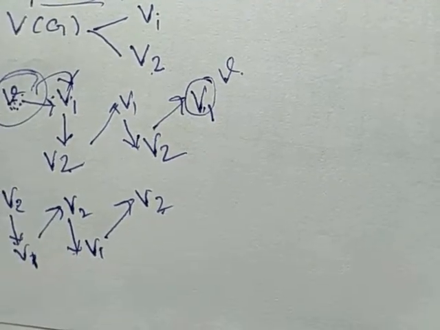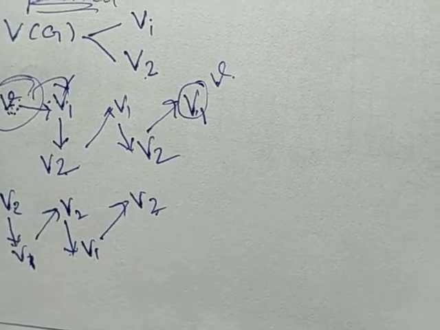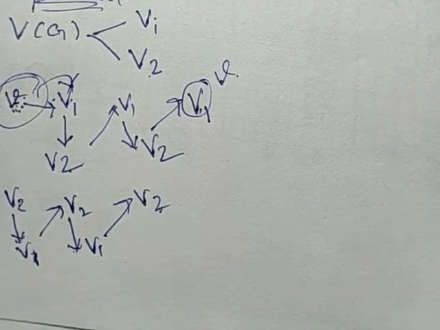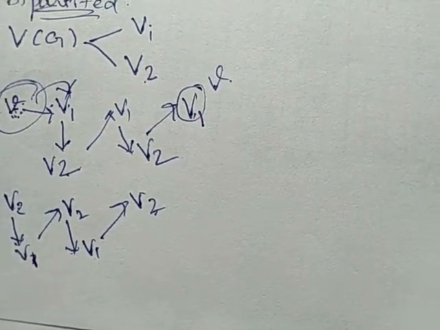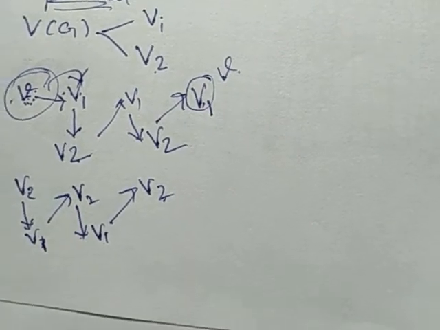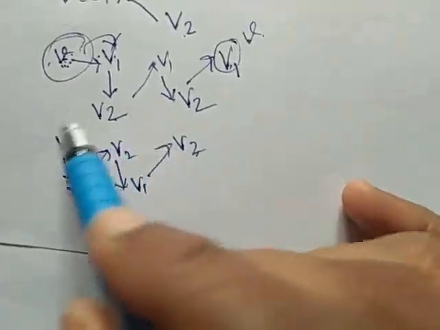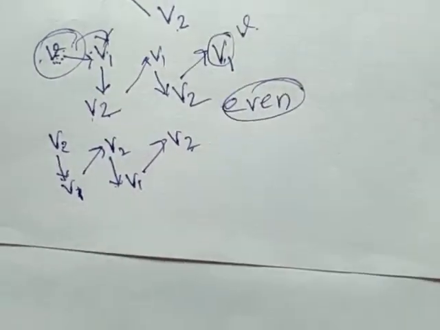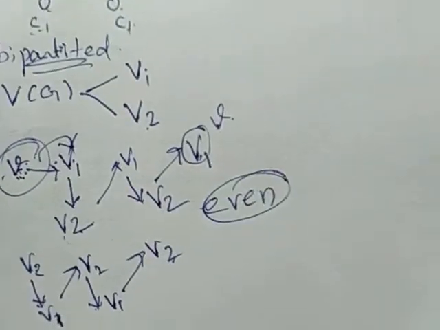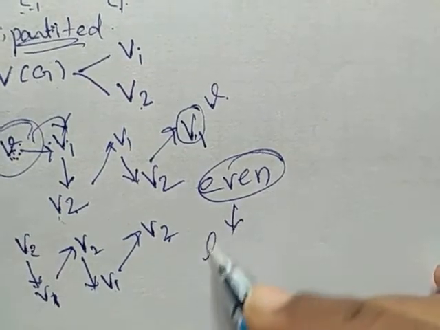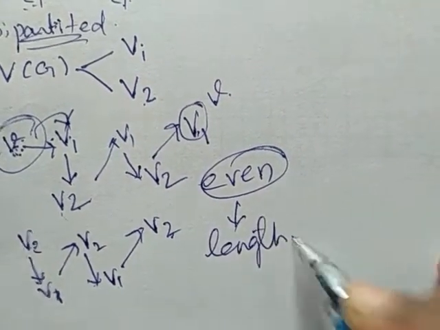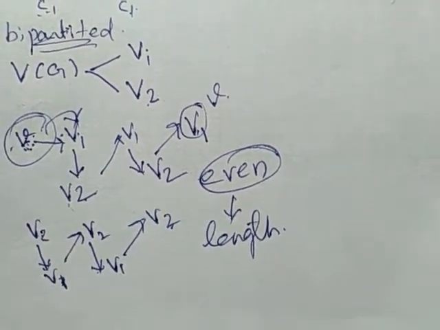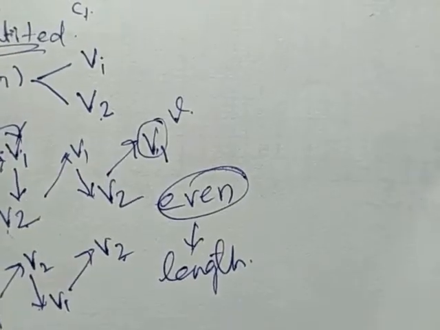So in both the cases, it travels exactly an even number of lines between V1 and V2. Thus, the number of edges in a cycle is even and the length of the cycle is also even.